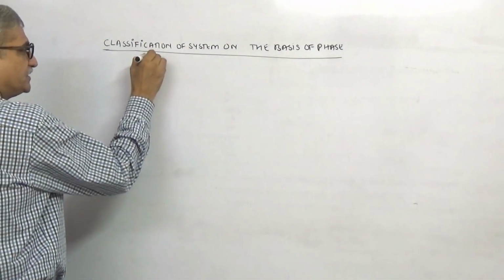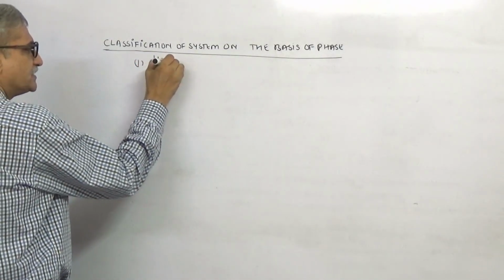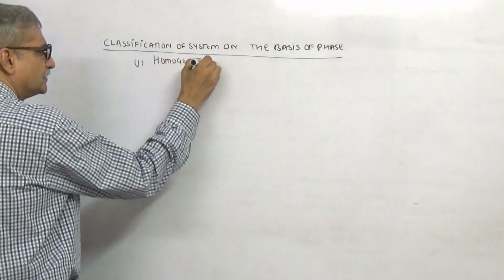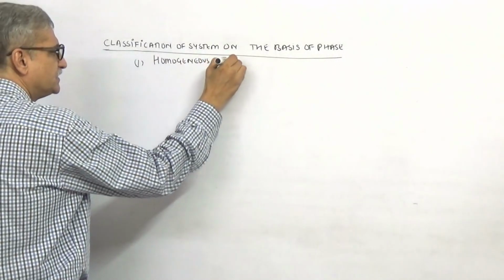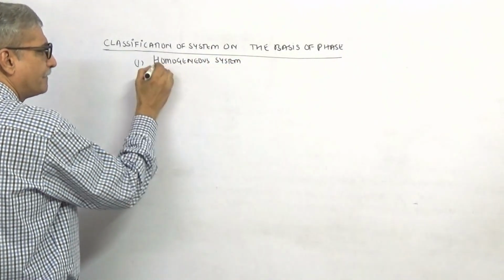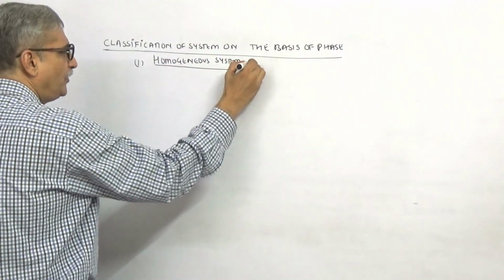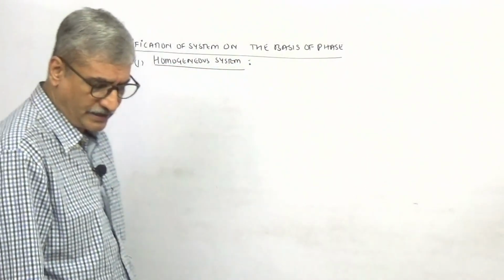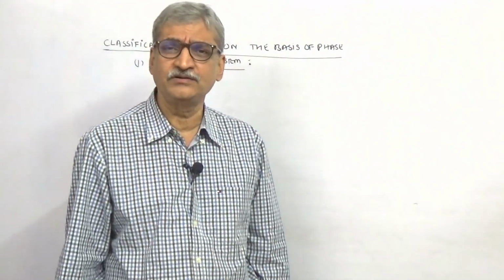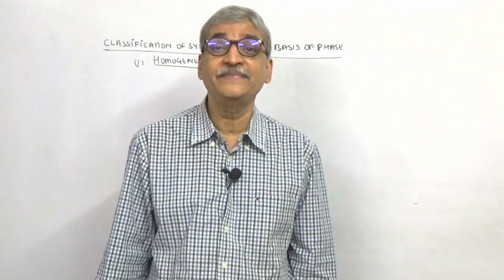So the first one is homogeneous system. What do you mean by homogeneous system? When the components of the system are completely miscible. See, when a liquid and a liquid is there, we don't say it dissolves. We use the word miscible.